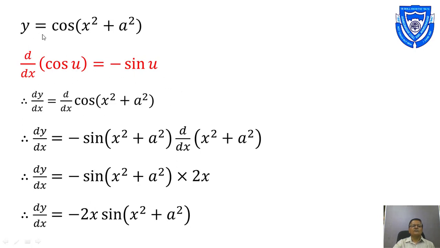So the derivative of this given function is minus sin of (x square plus a square), which is dy by du, into the derivative of u, meaning the derivative of x square plus a square, which is 2x. Just simplify this and write our final answer. So this is the derivative of cos of (x square plus a square). Our answer is minus 2x into sin of (x square plus a square). Next example.